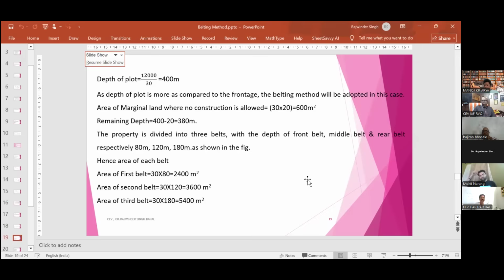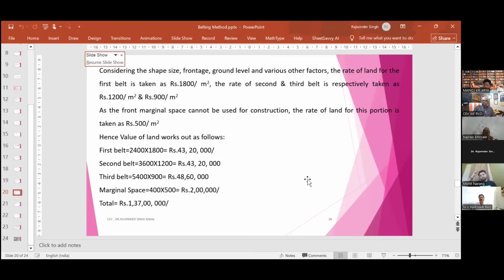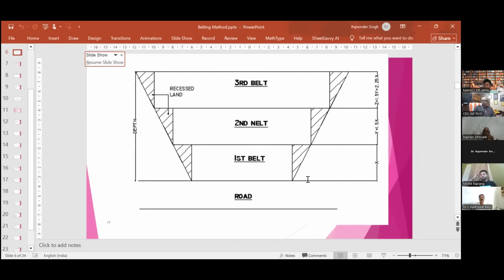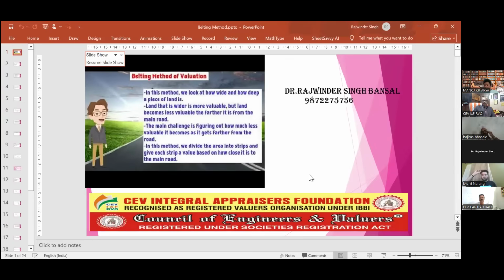So this is how you can do this with the belting. So basically, you have to do belting parallel to the road, and then you may divide it into the recesses part also.